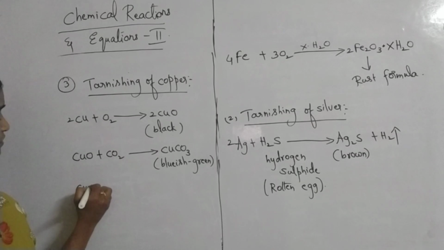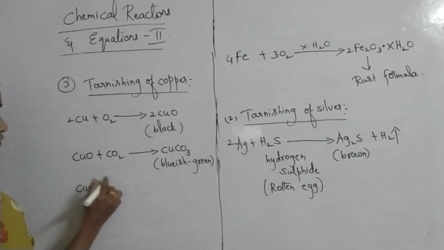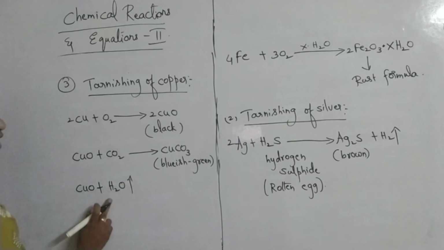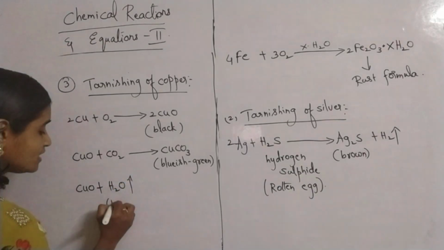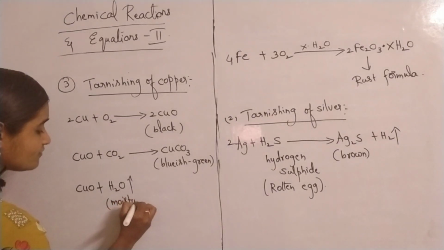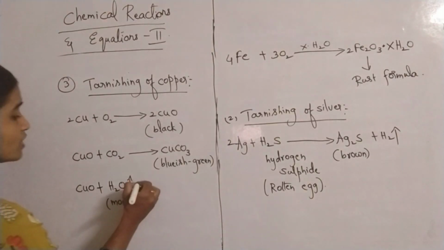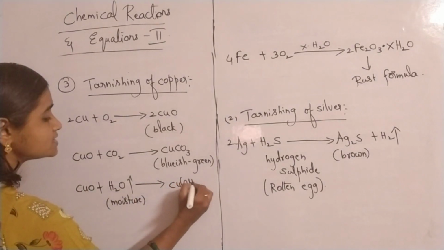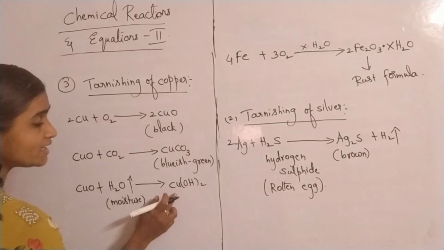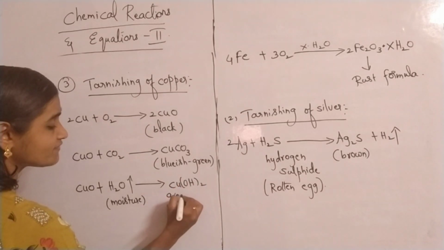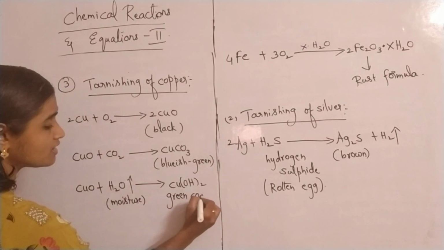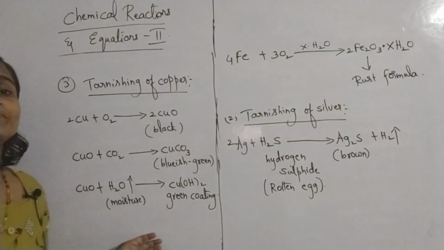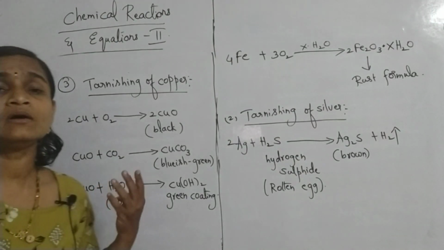And when CuO is made to react with atmospheric moisture, here I wrote water, but still it is moisture, it gives rise to Cu(OH)2, which appears like a green coating on the surface of copper articles. So copper hydroxide will form on the surface of the copper metal.